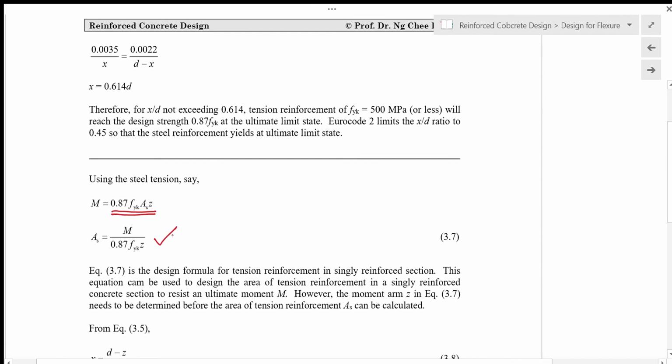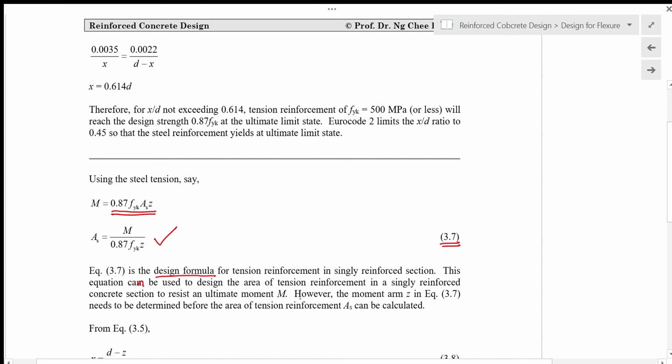So this equation 3.7 here is actually the design formula for tension reinforcement in a singly reinforced section. So this equation can be used to design the area of tension reinforcement in a singly reinforced concrete section to resist an ultimate moment M.